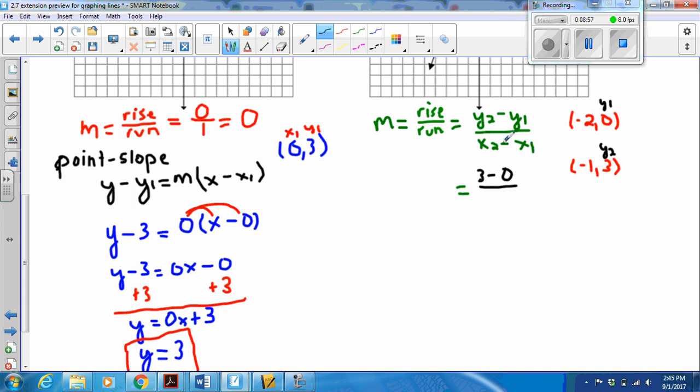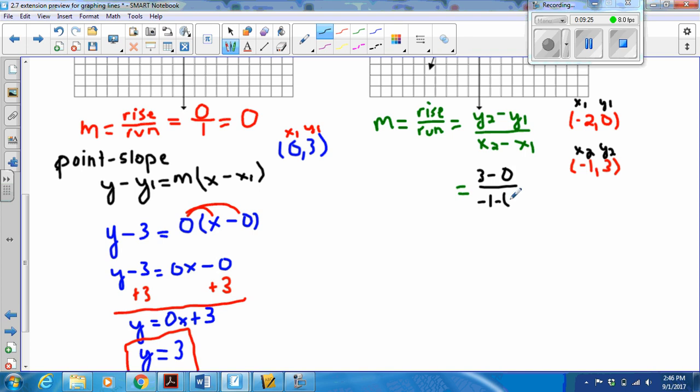Now, when you subtract the x, this becomes very important. Because our 3 was our y sub 2, we have to make negative 1 our x sub 2 as well. So your x and y values have to be corresponding. So now it does matter, your order. So now we have to take negative 1 minus negative 2, so that's going to be our x sub 1.